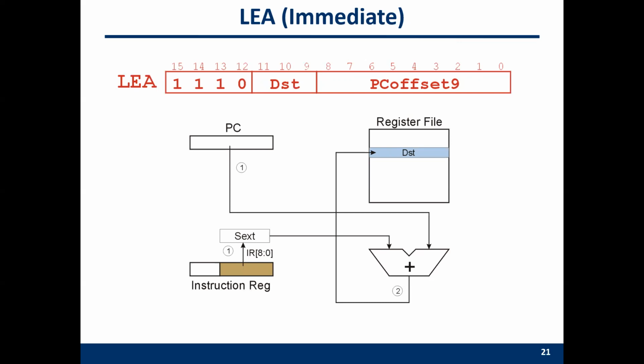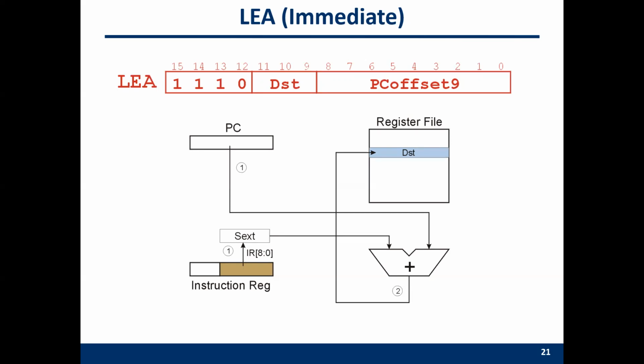There is a PC offset number. First we read the content of the PC to here, and then the immediate offset to here, and then sum them together. We directly use the sum and write it to the register.